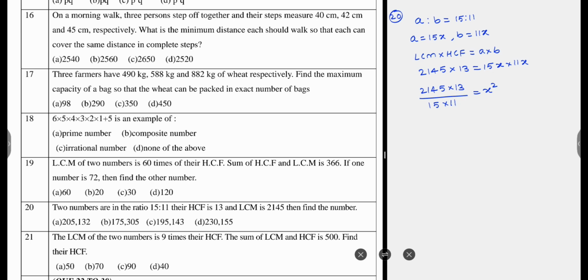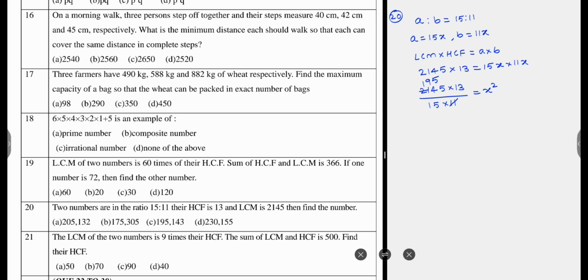Now we can cancel 2145 and 11. 11 ones are 11, 11 nines are 99, 11 fives are 55.